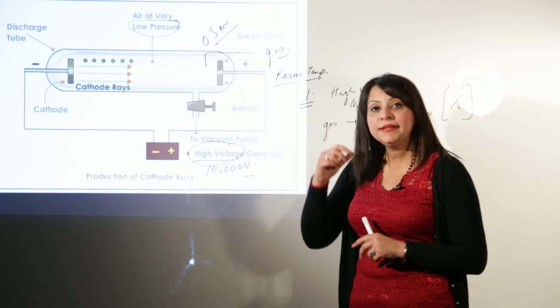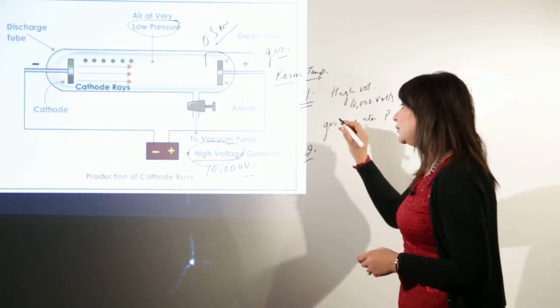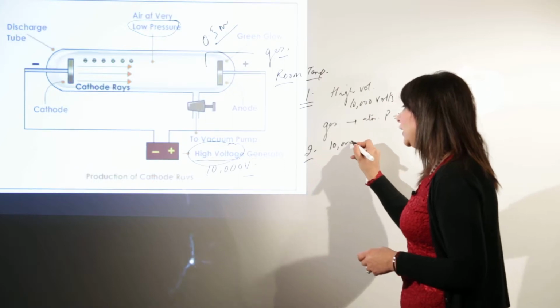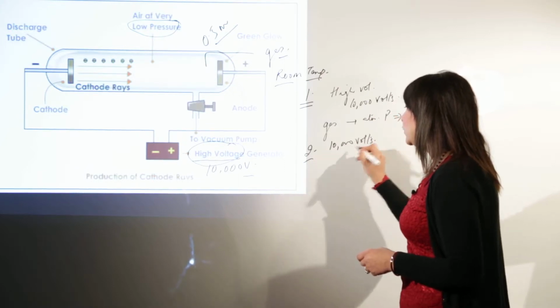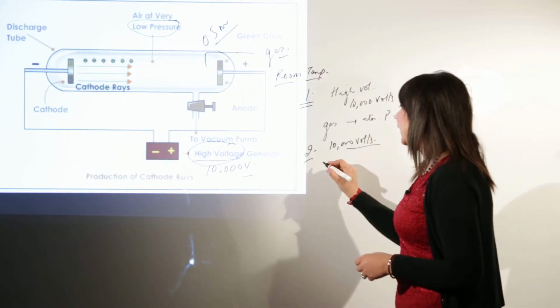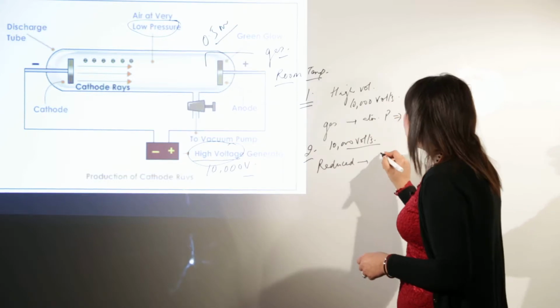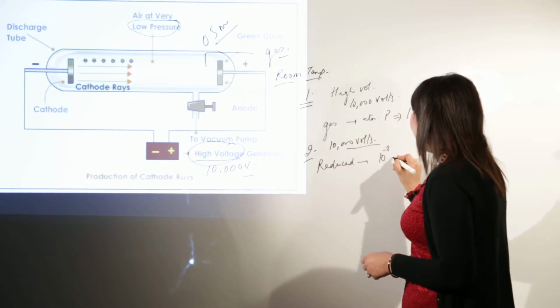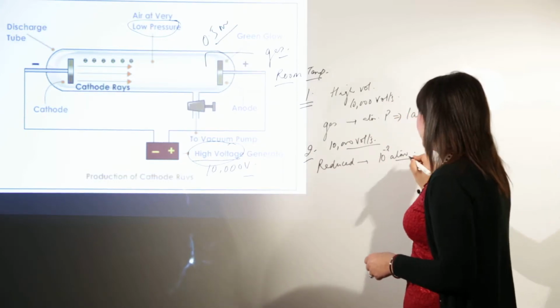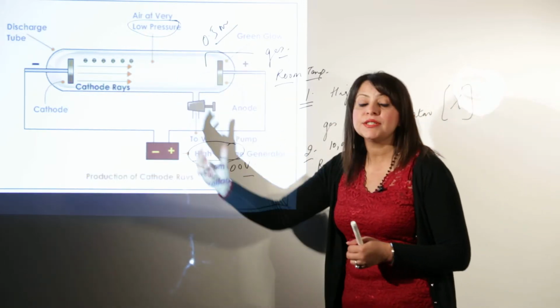Then an idea came to his mind. The battery was still of 10,000 volts, because 10,000 volts is a high voltage. Then he reduced the pressure of the gas to approximately 10 raised to power minus 2 atmosphere. He then observed a certain kind of change in the tube.